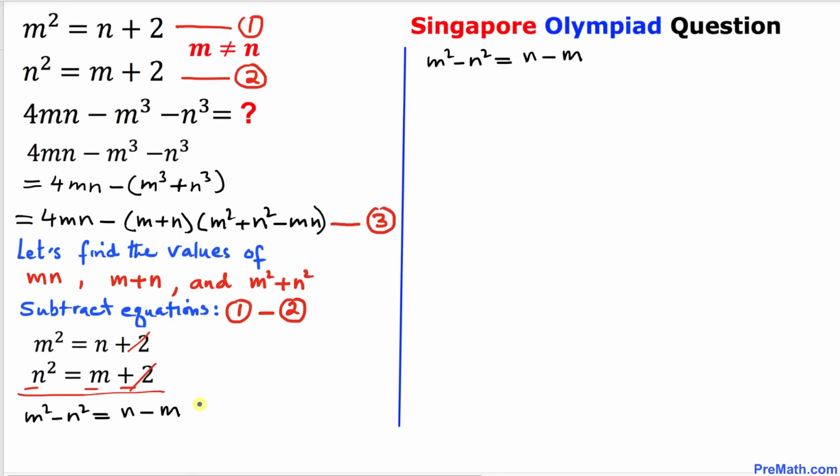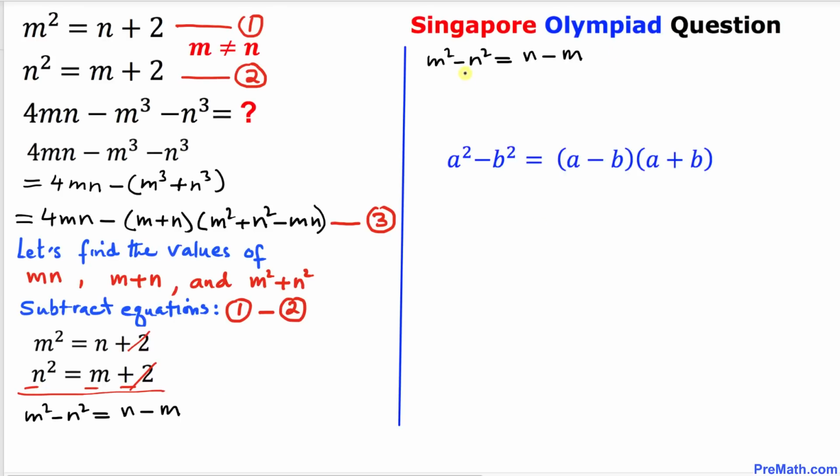Since we are running out of space on the left hand side, I have just copied this over here. Now the left hand side represents the difference of two squares, so we can write this as (m − n)(m + n) by using this well-known formula.